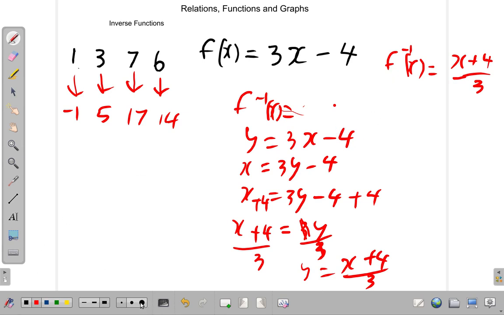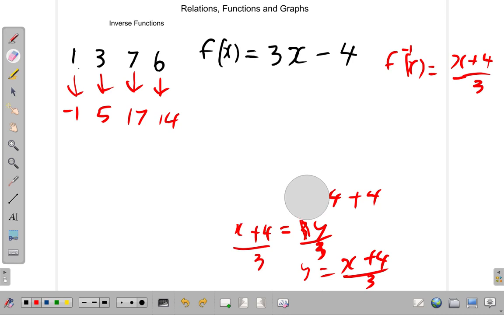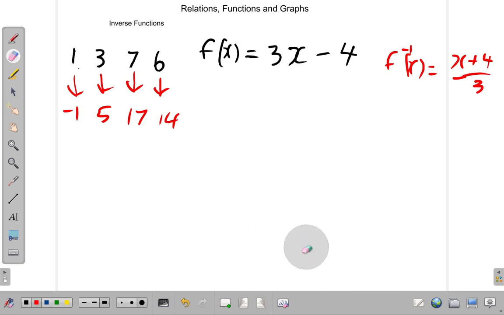Let's erase this to make some space for further calculation. I want to pass the encoded message to the inverse function to decode it. So, what I have is f inverse of negative 1. If f inverse of x is x plus 4 divided by 3, let's put negative 1 in there.